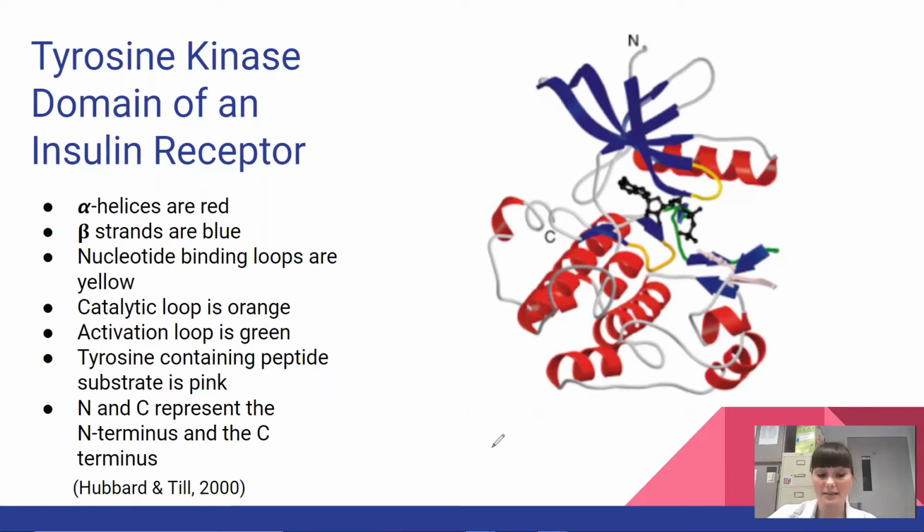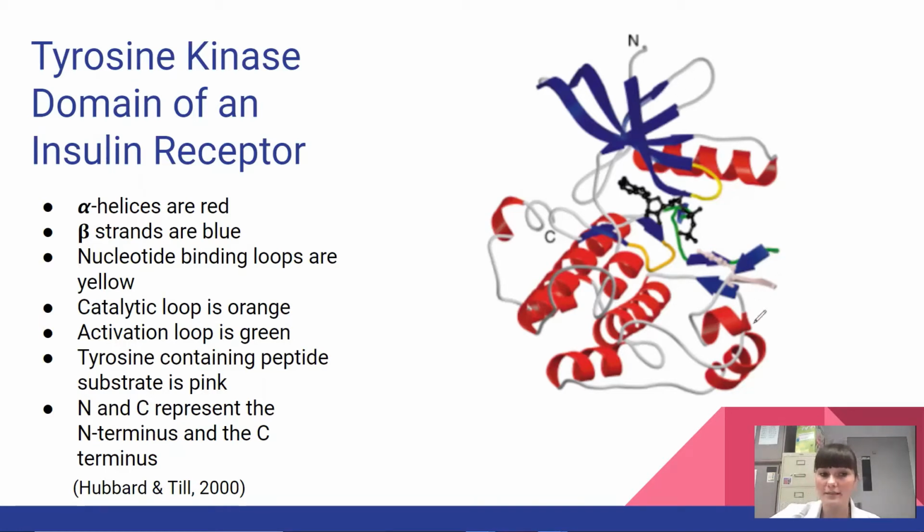Now, this particular RTK is comprised of 4 or 5 alpha helices. In this case, we're seeing 1, 2, 3, 4, 5 of them. And those are going to be disulfide bonded to the beta strand portions that you're seeing in blue up here.